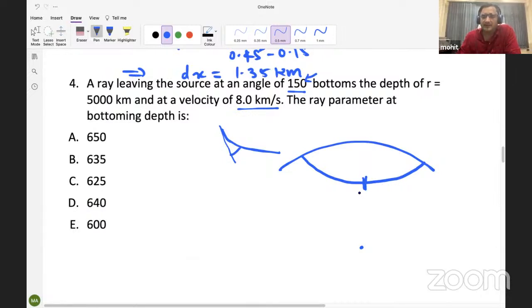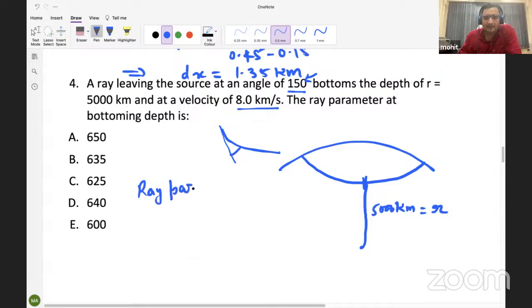This is the deepest point that the ray is traveling from the surface. So if you look at this point, then from the center of the earth, this distance is 5,000 kilometer. So basically you can say that this is basically your r.